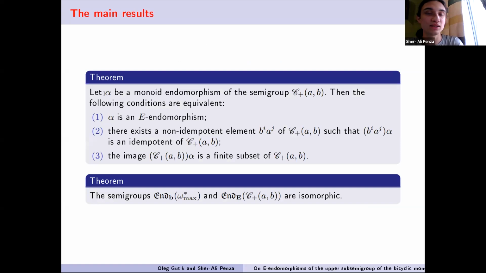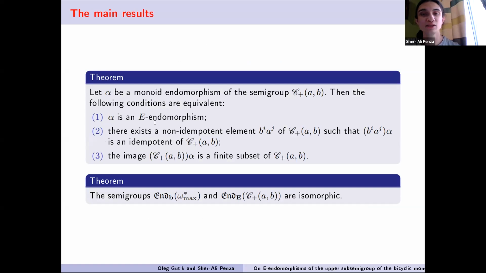And the main result is two theorems. Let alpha be a monoid endomorphism of the semigroup C+. Then the following conditions are equivalent. First, alpha is an E-endomorphism.